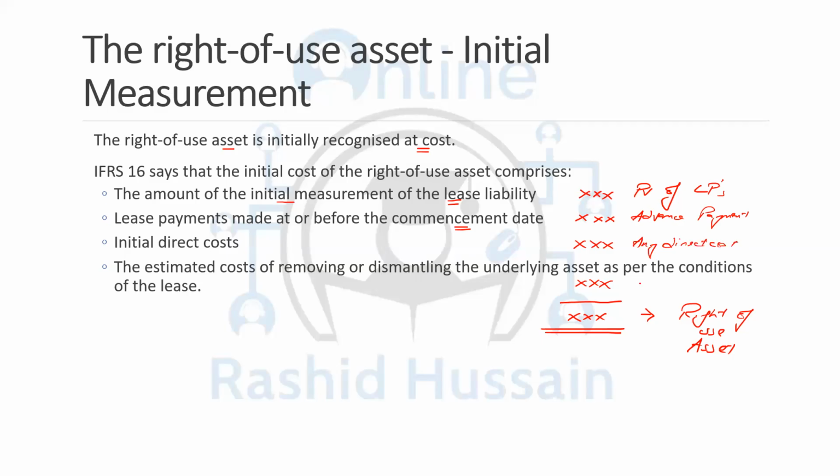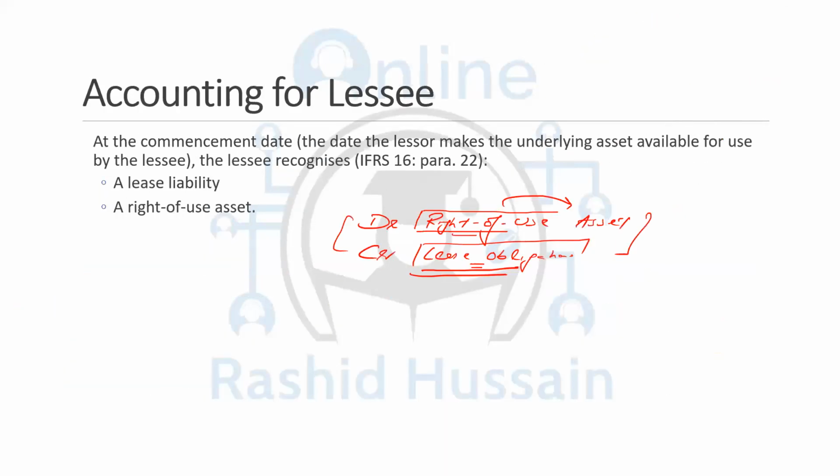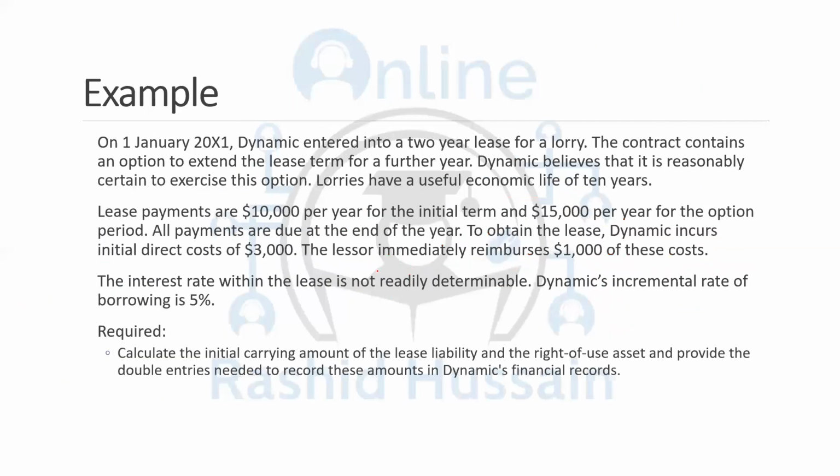And then we have the dismantling, decommissioning, if you have any obligation to dismantle the asset by the end of the lease period. When all of these are summed, then you will get the right of use asset. So we have calculated the initial value of the right of use asset, and we have also calculated the initial value of the lease obligations.